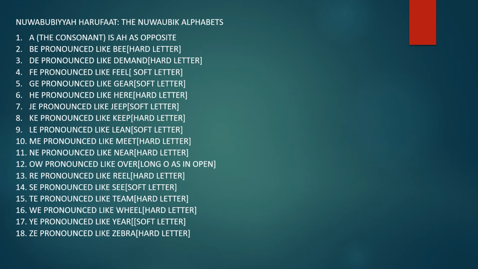So the 17th letter of the Nuwaubik alphabet is yi, the yi letter. And this letter is pronounced like year. Notice how the Y actually influences the actual word. Your mouth has to move a certain kind of way, which is a fairly easy letter. So it's not as hard as like the gutturals.